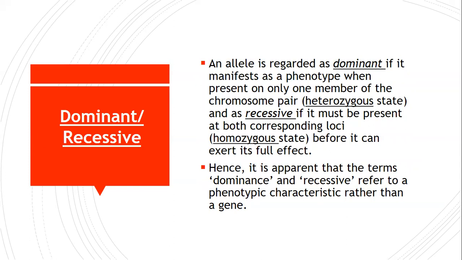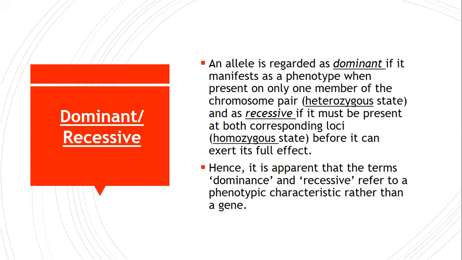The other one is not the similar gene, and will be called recessive if it must be present on both chromosome loci, the homozygous state, before it can exert its full effect. So the first important point is, for every dominant gene, there has to be a recessive gene on the other locus. So the two alleles are not similar.